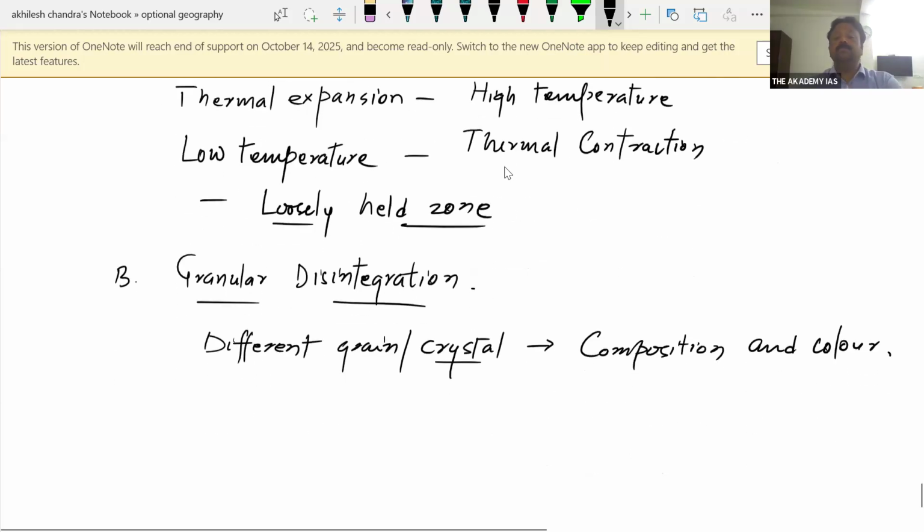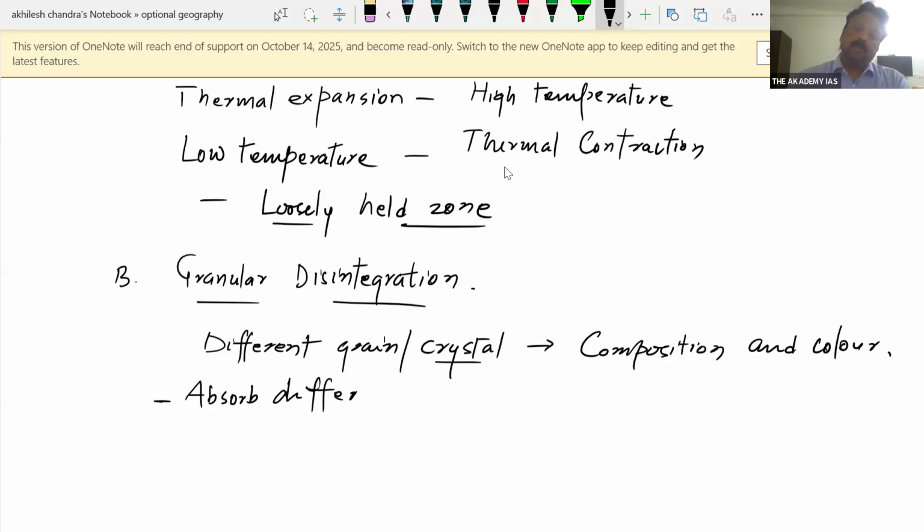And due to different composition and color, they absorb different amount of insolation.